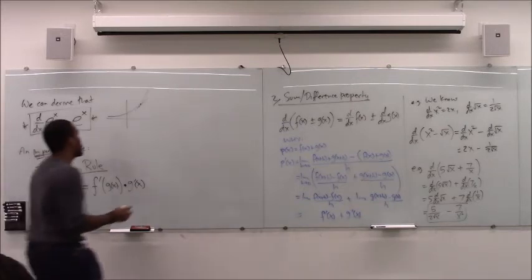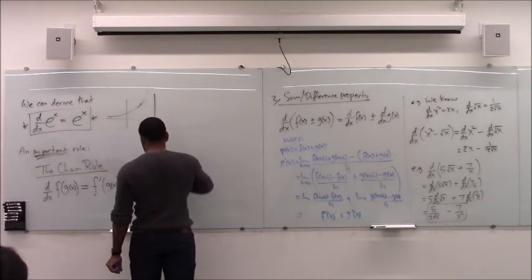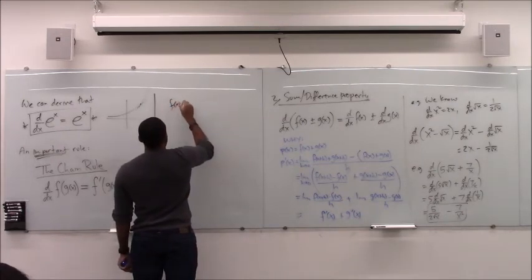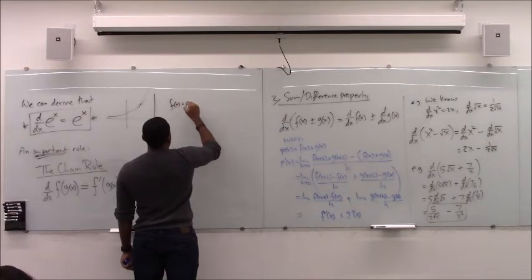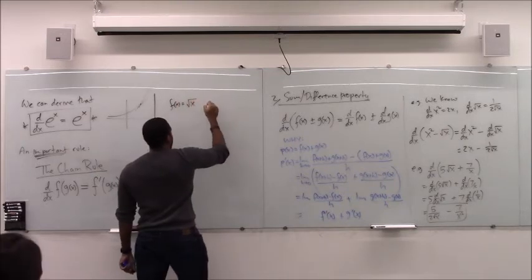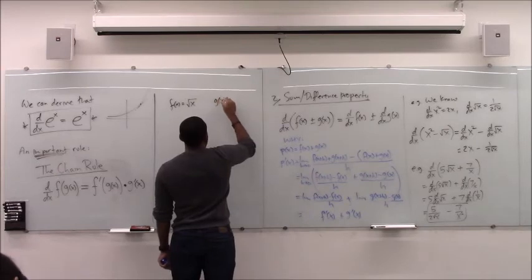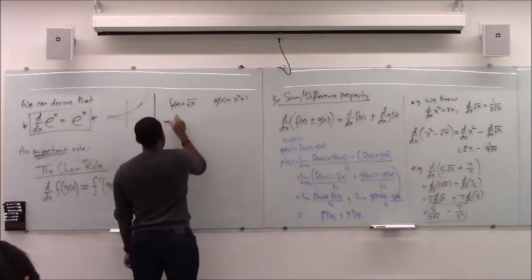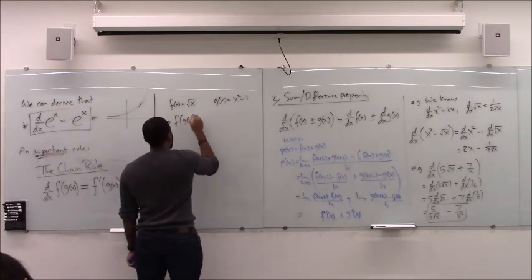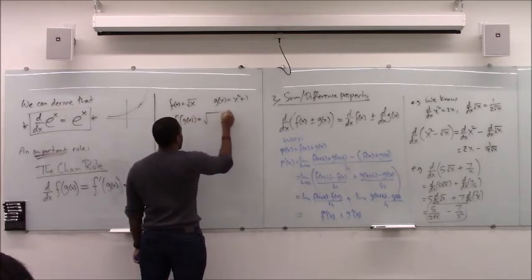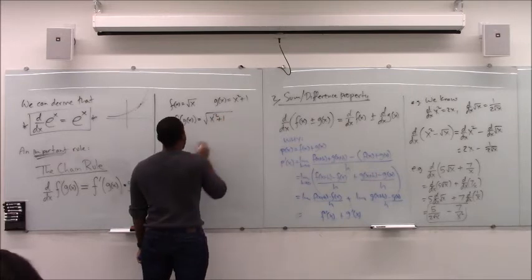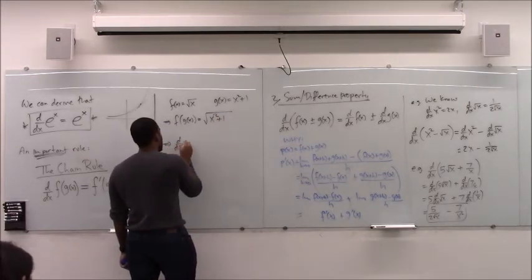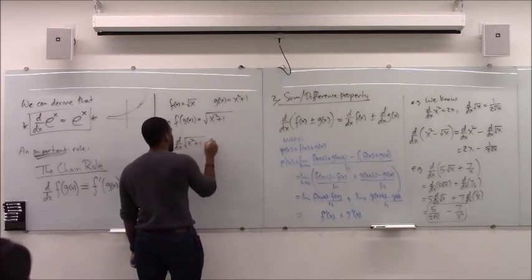So, for example, let's say my f of x is the square root of x, and let's say my g of x is x squared plus 1, then notice that your f of g of x is going to be the square root of x squared plus 1. Now, if someone were to ask you, what is the derivative of the square root of x squared plus 1?